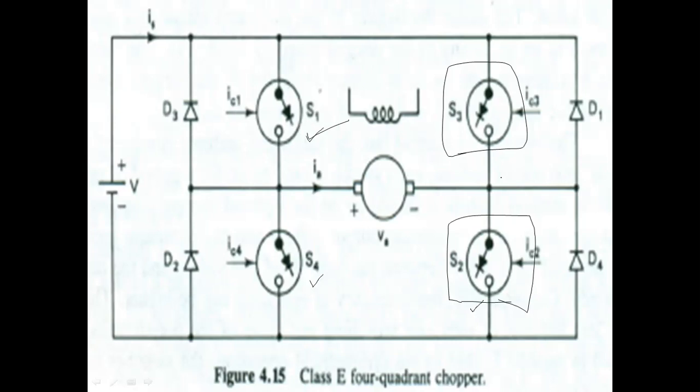As a consequence, the minimum average output voltage and minimum motor speed are also restricted here. So we cannot attain the desired values fully, but there will be some restrictions on the desired speeds.